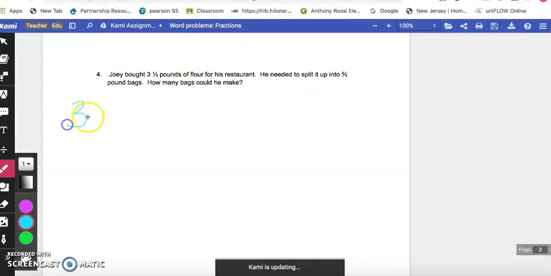So I have 3 1/3 pounds of flour, and I'm going to split it into bags that hold 2/3 of a pound of flour. Just like the previous problem, I'm going to change this into an improper fraction. 3 times 3 is 9, plus 1 is 10.